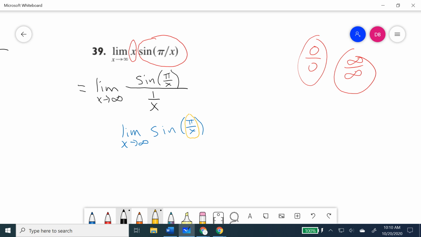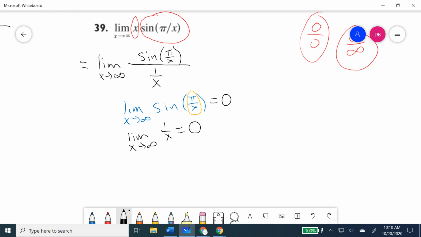That means 0 is going into sine. What do I get out? I get 0. Then the denominator's limit, and you should see that 1 over infinity means 0. This means you can L'Hopital.